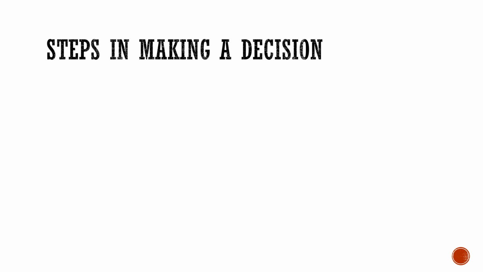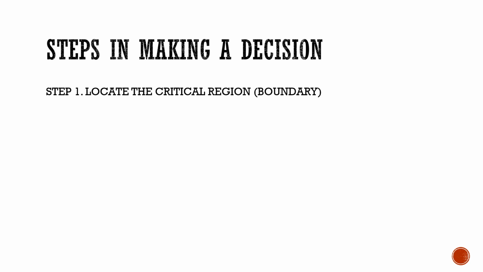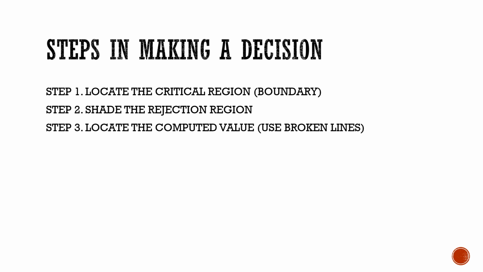These are the steps in making a decision if we are going to reject the null hypothesis. Step number one, we have to locate the critical region, or this is the boundary. Step number two, we are going to shade the rejection region. Step number three, we will locate the computed value. And for this one, we will use broken lines.